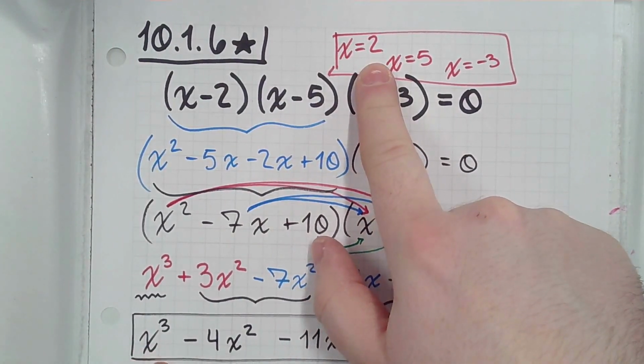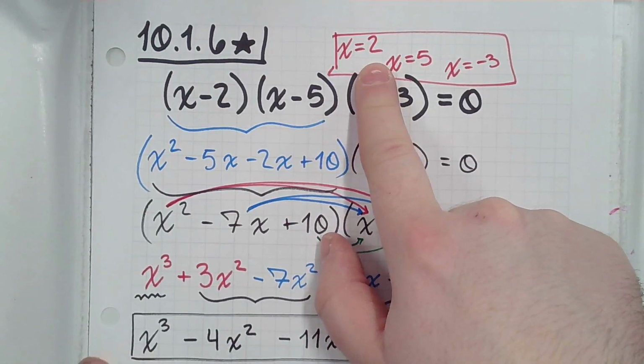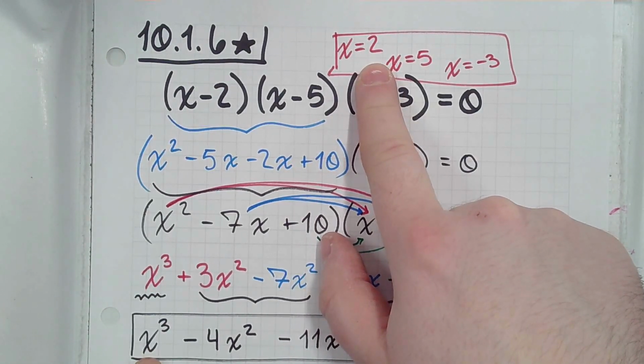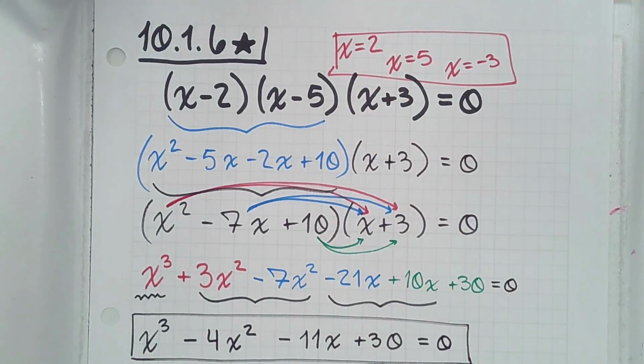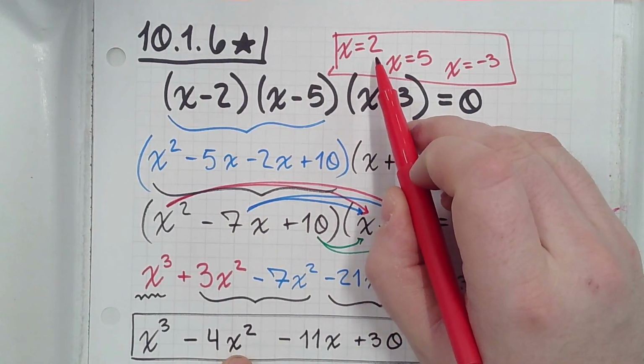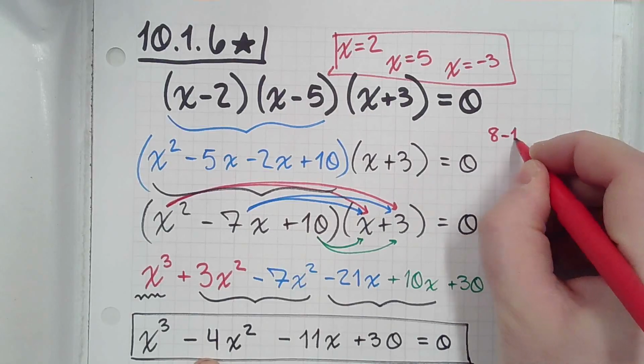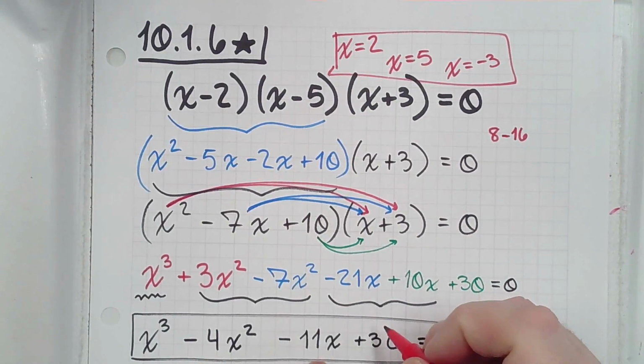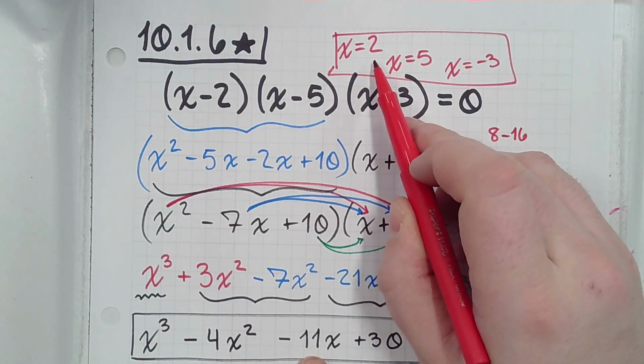2 cubed is not 6. It's 2 times itself 3 times. So 2 times 2 is 4. Times 2 again is 8. So we're ending up with 8. This, it says square your x. So if x is 2, we get 4. And then times it by negative 4. So we get minus 16. Here, take x and times it by negative 11.